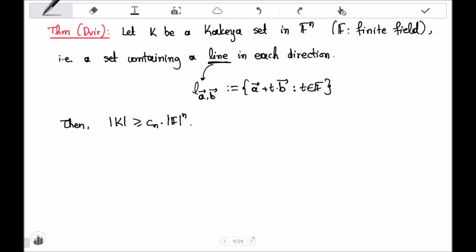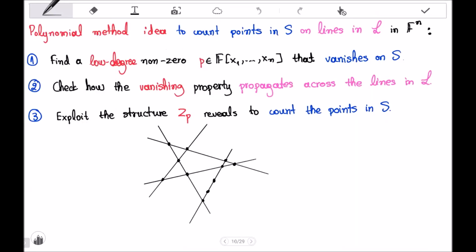Right, so Dvir showed this using the polynomial method. Let's just see some very basic ideas behind the polynomial method. That's a general plan, not even the method he used yet. Here is an idea: to count points inside the set S that live on lines inside the set L in F to the n. And here F is any field, it doesn't have to be finite.